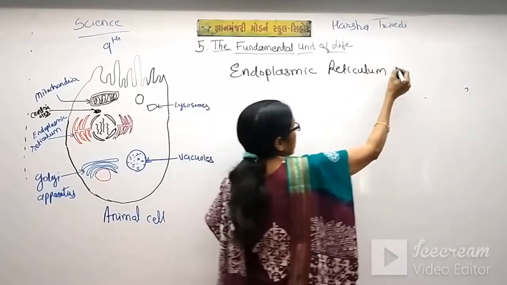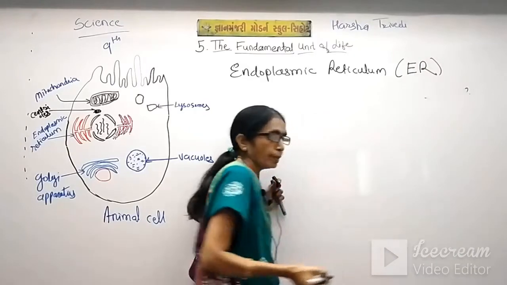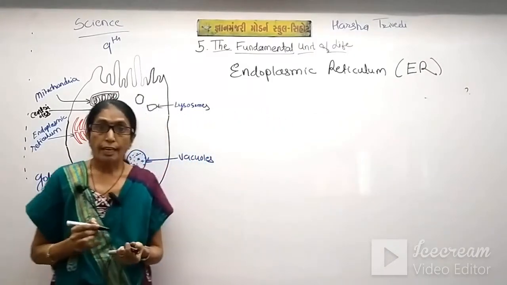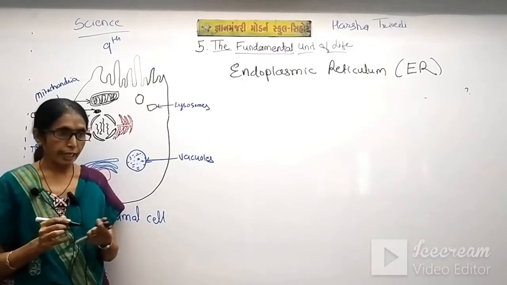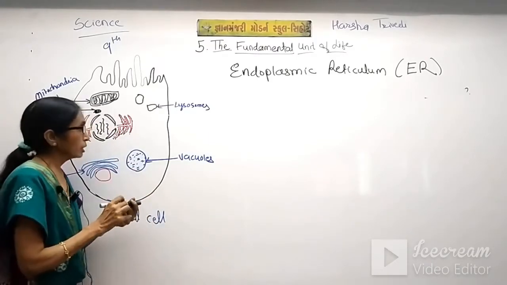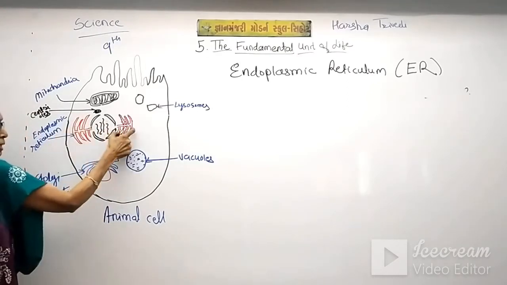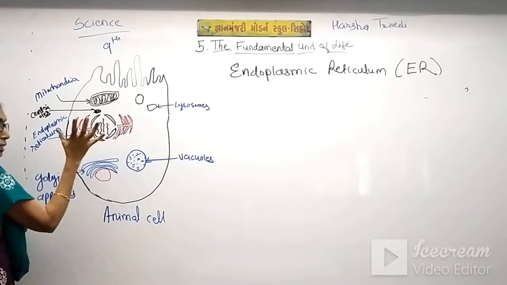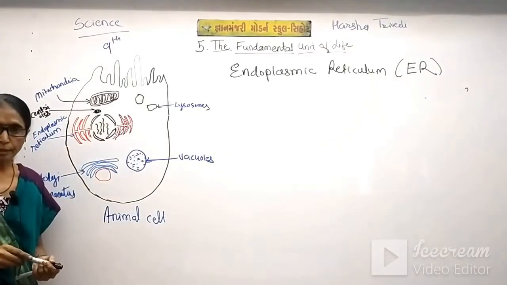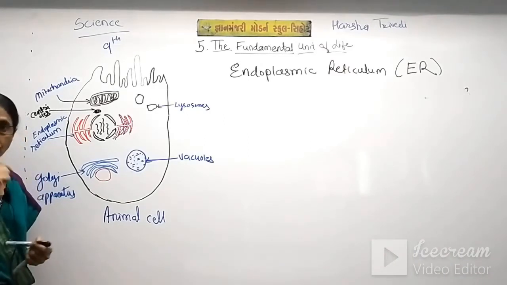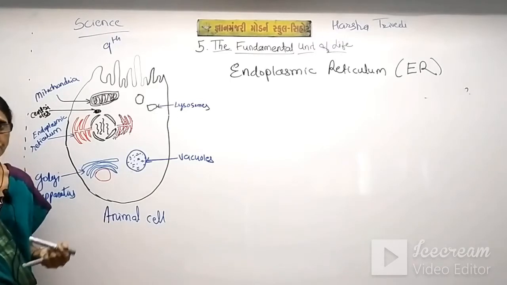In short, it is written as ER, means endoplasmic reticulum. It's a large network of membrane bound organelle. It is shown here; this is the endoplasmic reticulum. It is a network which is around the nucleus. There are two types of endoplasmic reticulum, rough and smooth.